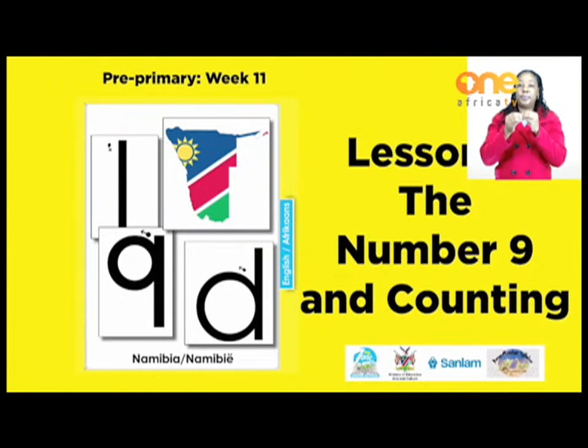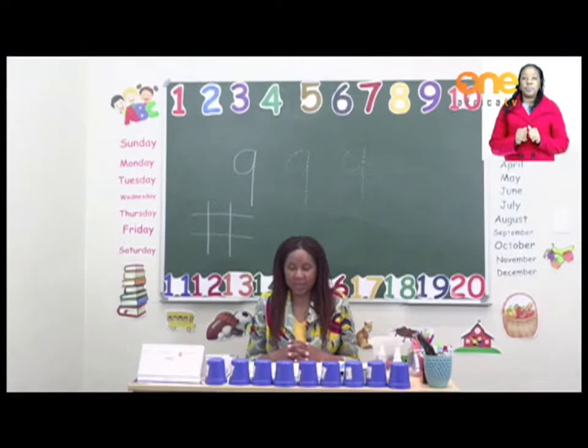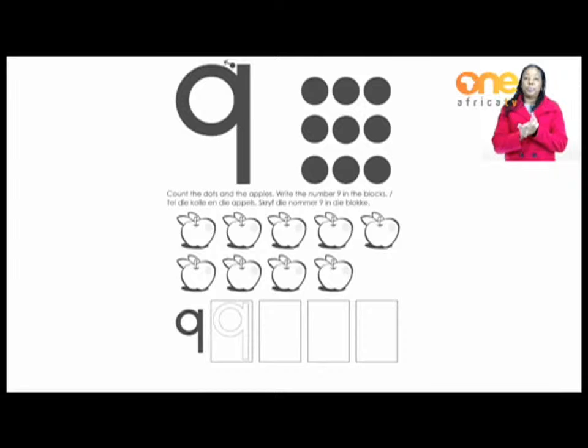Today's lesson is the number 9 and counting. Let's turn to page 3 of our booklet. If you look at the booklet on page 3, we can see the number 9. We are shown how to write number 9.